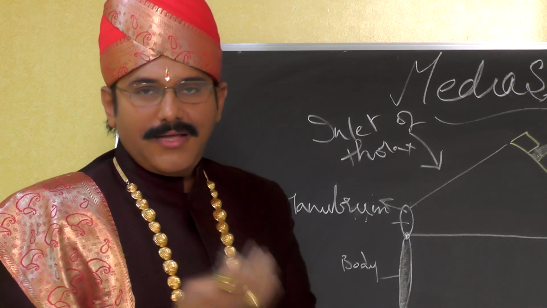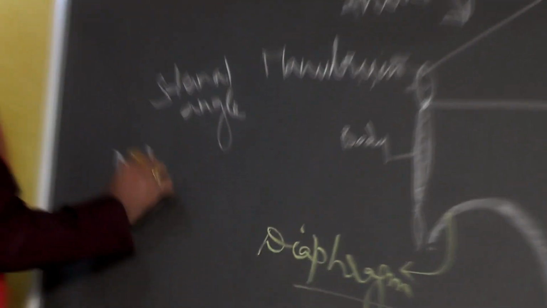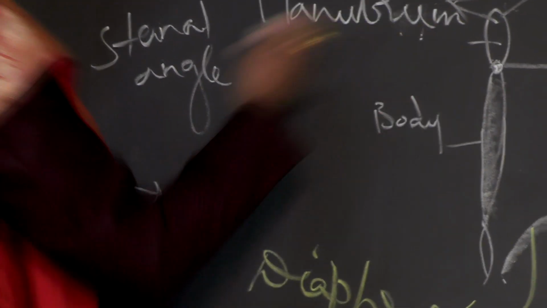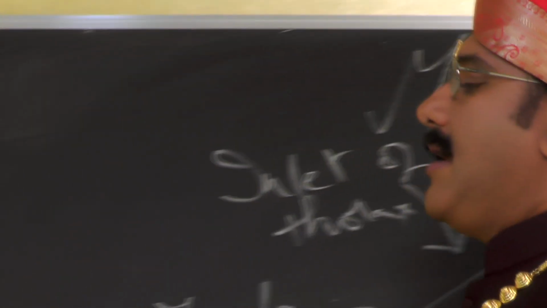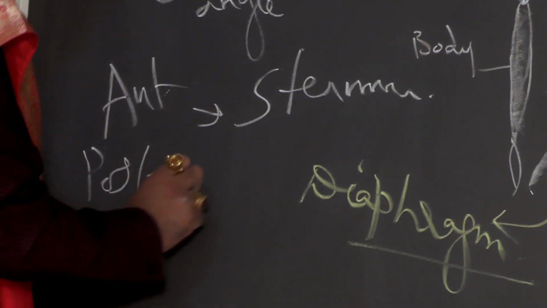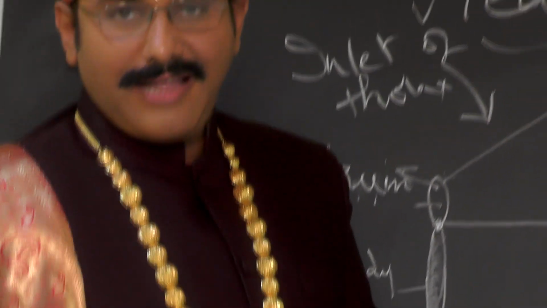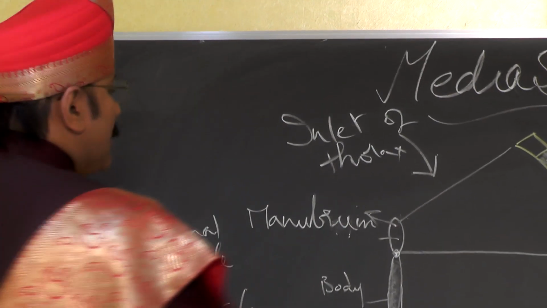Now, shall we start learning the boundaries? Anteriorly, what is present? You have got the sternum. Posteriorly, what is present? The vertebral column, with the 12 thoracic vertebrae and the intervening intervertebral discs.